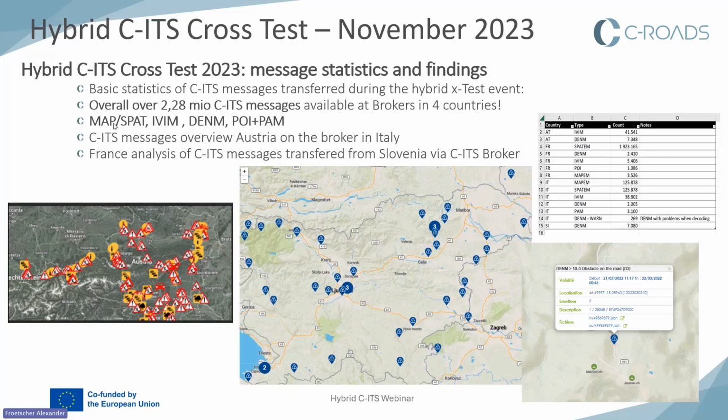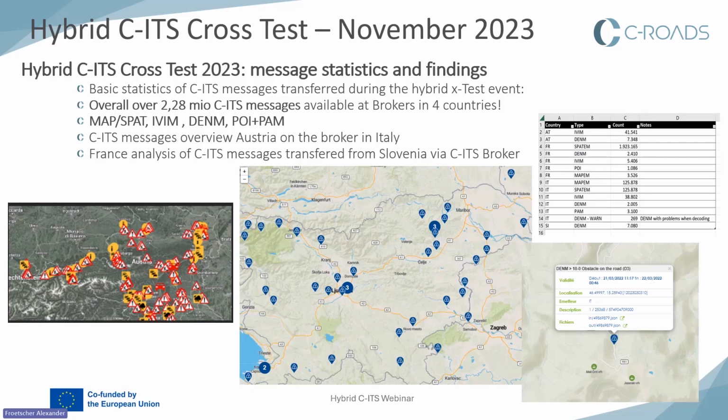These have been SPaT/MAP, IVI, but also DENM and POI, so point of interest and parking. On the left-hand side of this slide, you see an overview of all the messages published at the time in Austria, seen on the overview table of the Italian message broker.